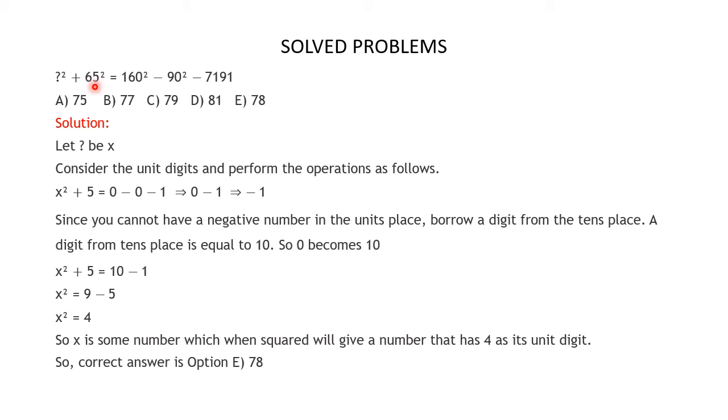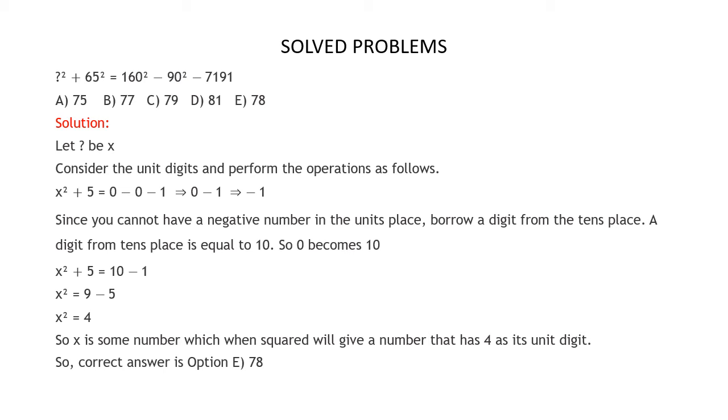Here the unit digit of 65 is 5 and 5 squared is 25. The unit digit of 25 is 5. So the unit digit of 65 squared is 5. Here 0 squared is 0. So the unit digit of 160 squared is 0.